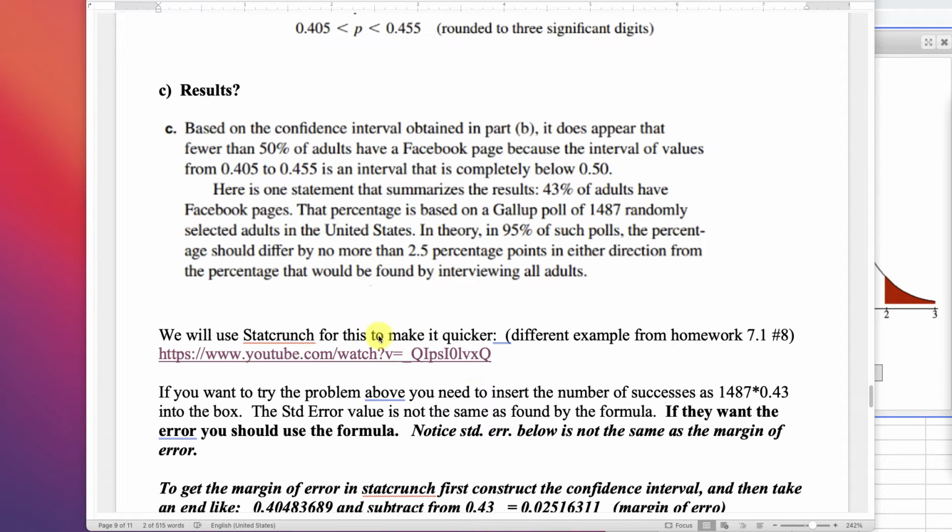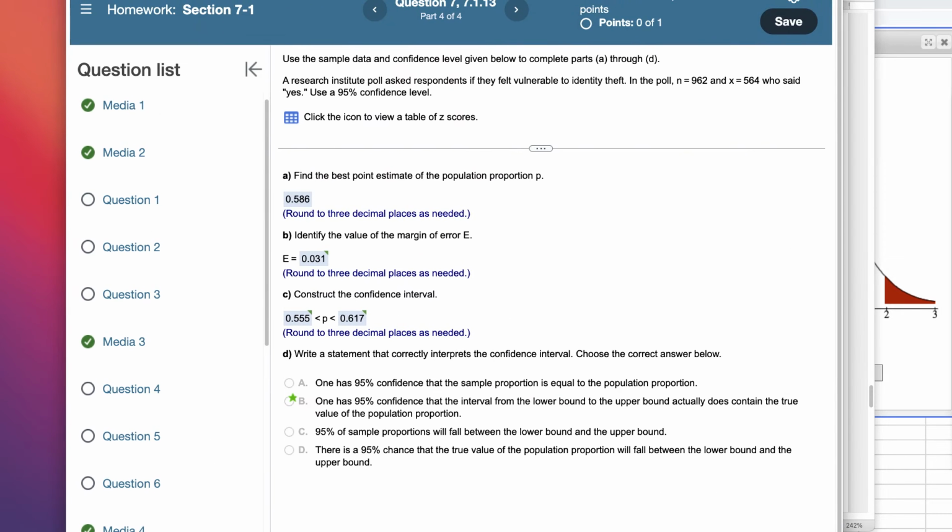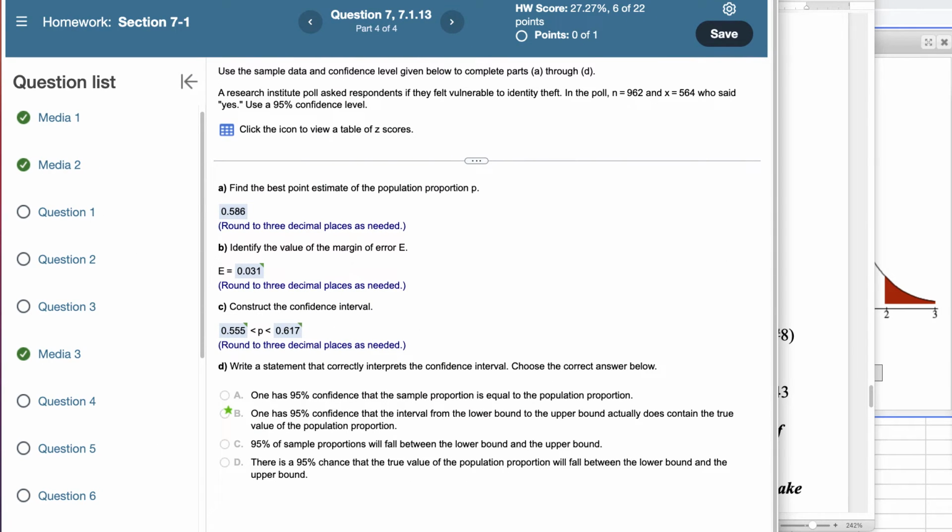So we can do this in StatCrunch. That was all by hand. We can do this in StatCrunch as well. But let's do another one over here in the homework by hand. So use the sample data and confidence levels below to complete these parts. A research institute asked vulnerable adults if they identify theft in a poll, n equals 962 and x equals 564, who said yes.